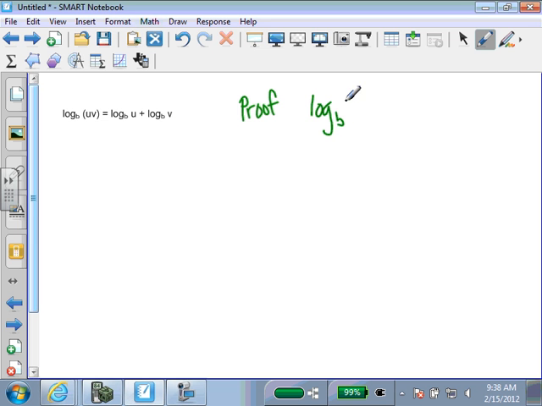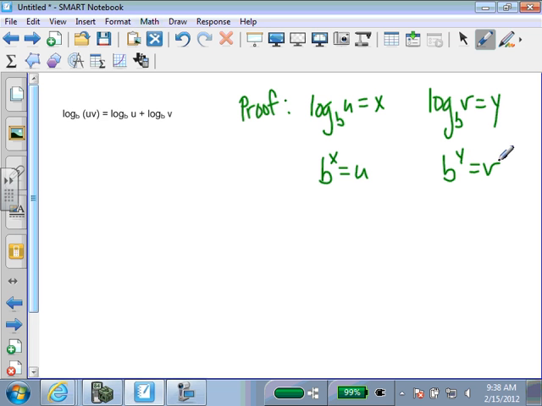Log base b of u, let's say that equals x, and log base b of v, let's say that equals y. And what I'm going to do is change to exponential form. So this means b to the x is equal to u, and b to the y is equal to v. So let's multiply these two.